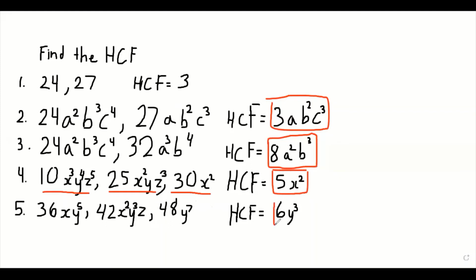Sir, yes, go ahead, Angela. I got 8y to the power of 3. Oh, y to the power of 3. Yes. And then what did you get for the coefficient? 8? 8 wouldn't work. No, not 8. If you look at it, 8 wouldn't go nicely into 36.